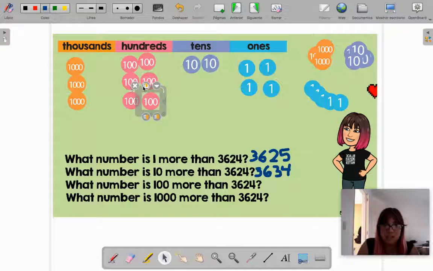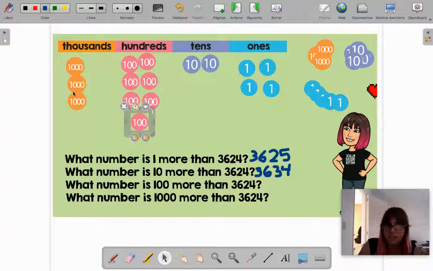I don't have it here, so I'm going to duplicate. Here is 100 more. Did we change the thousands? No. The tens? No. And the ones? No. The only place that changed was the hundreds because we are adding 100. So the answer is 3,000 because here we still have 3,000.